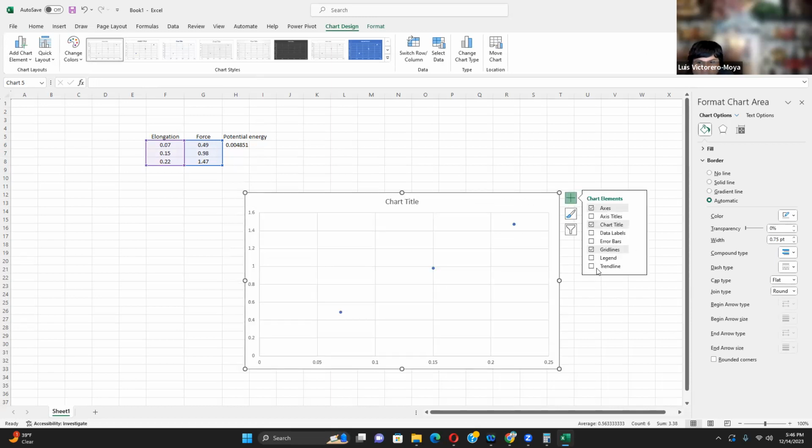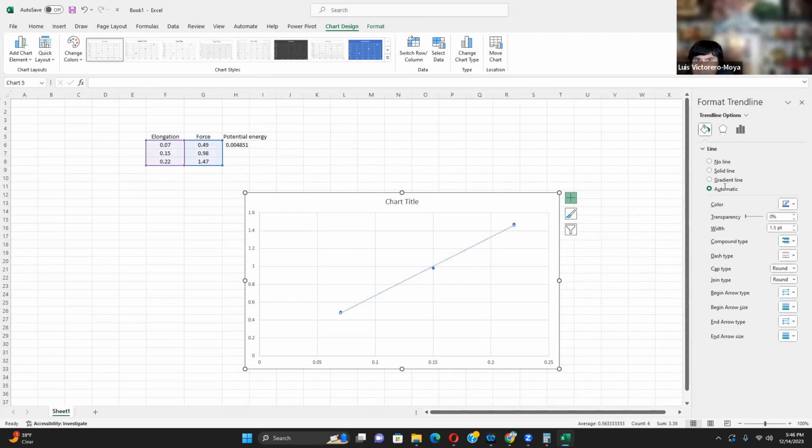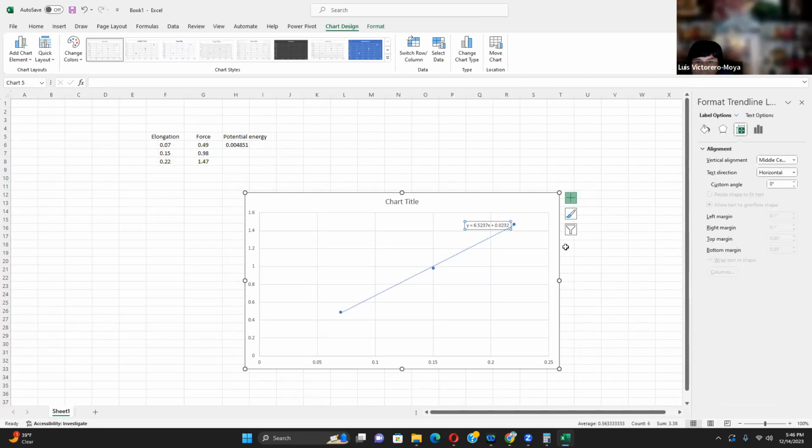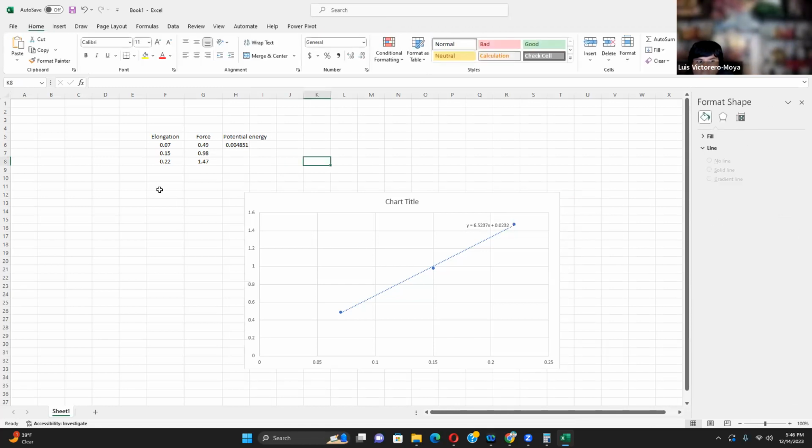So then the equation of the line will work now. Okay, so that's the K constant, 6.52 newtons per meter.